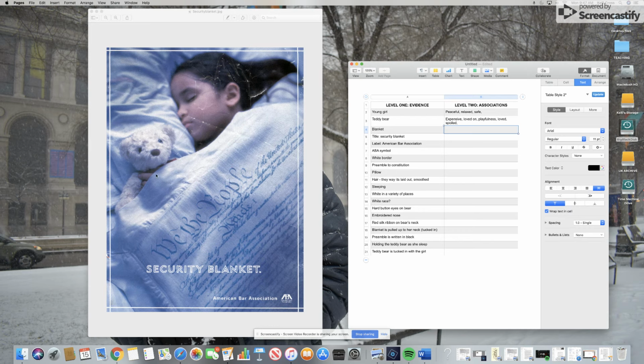So what feeling do I get when I look at a nice white blanket? There's expense to this blanket, right? It has a nice border. It obviously has texture to it. So that blanket gives me the idea of expense. Let's say expensive. It gives me the idea of secure, right?